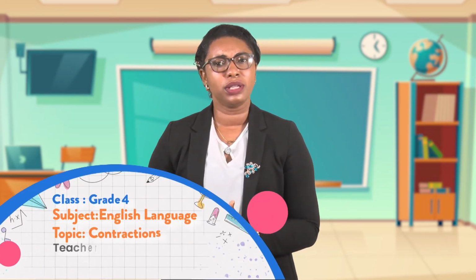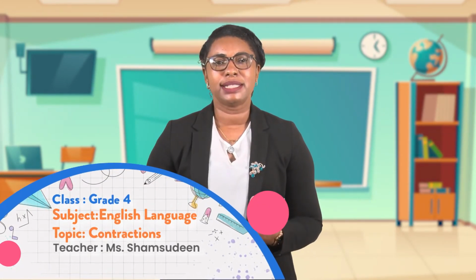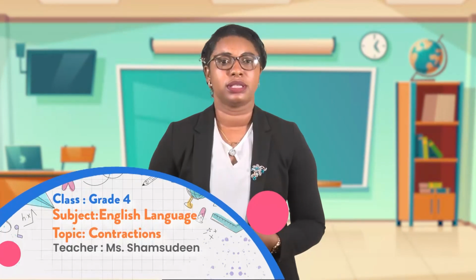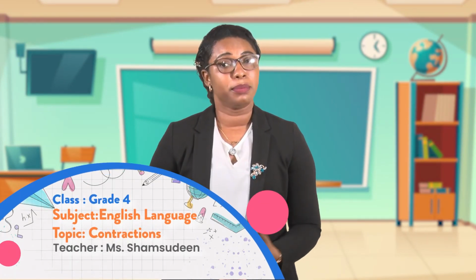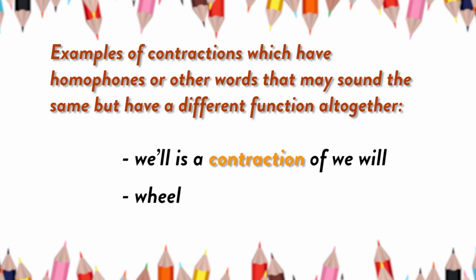Now, there are some contractions that we want to be careful with since they have homophones. Do you remember what homophones are? Remember, homophones deal with sounds. So there are some contractions that end up with the sound of another word in its original form. Here I have some examples for you.